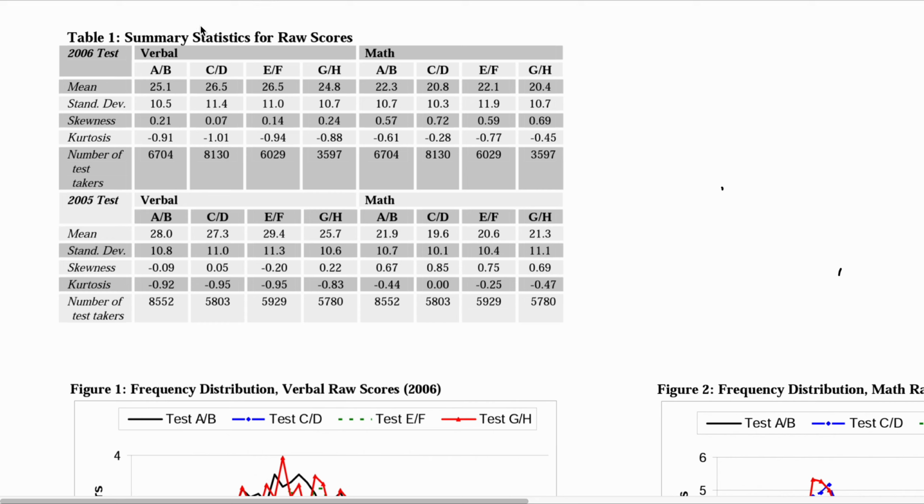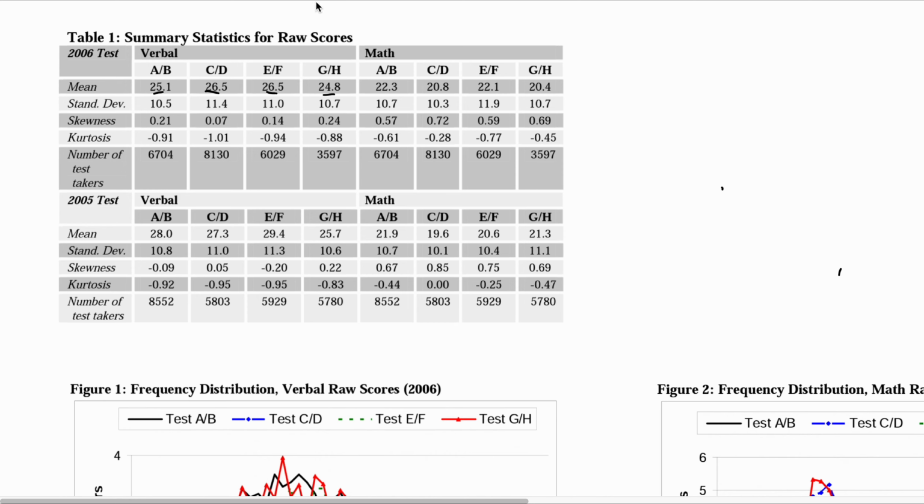If we look at the verbal section, we see that the mean is around 25 for each test. You can see that there are like 4 tests, A/B, C/D. These are basically different versions of the test. It looks like 4 versions of the test were given out to ensure test security.